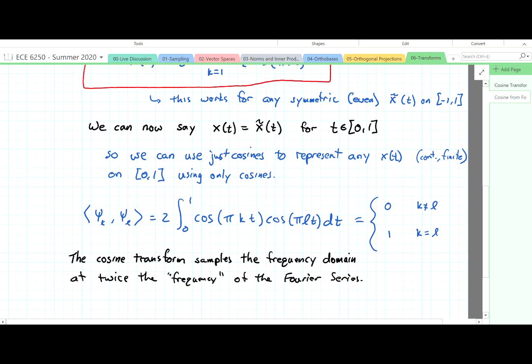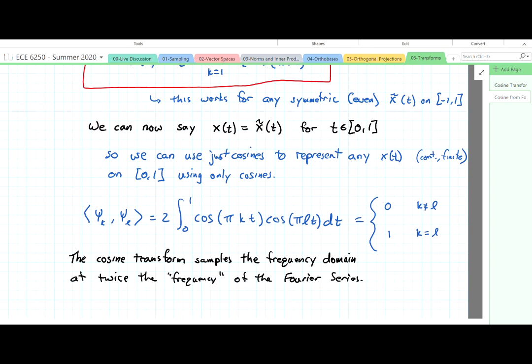So in other words, what's going on is with the Fourier series, we're building up the signal with harmonics. And these harmonics range from the fundamental period and then multiples of that. But with the cosine transform on the same signal, we are also sampling harmonics, but not harmonics of the fundamental period. We're sampling harmonics of half that frequency.